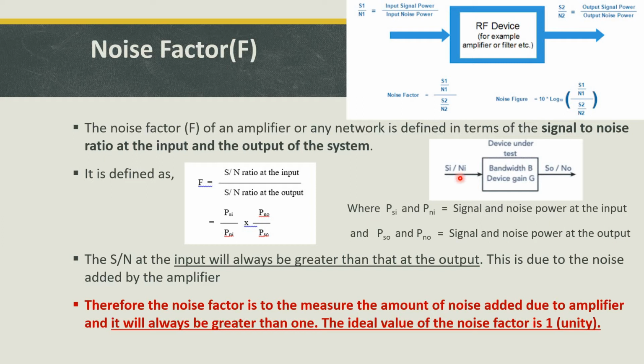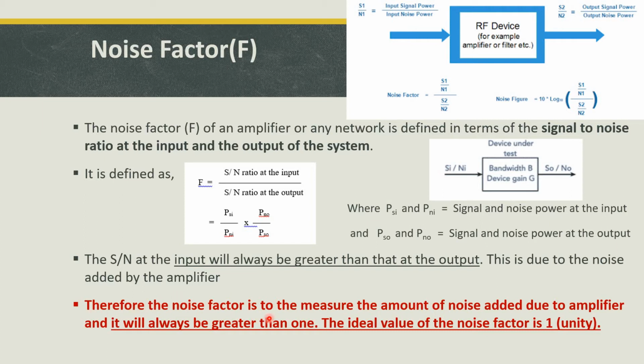If your signal is, suppose, 5 volt, and the gain factor is 5, multiplying gives 25 at the output. Noise is amplified in a similar manner, multiplied by 5. That's why the signal to noise ratio at the output is always lesser compared with the input.